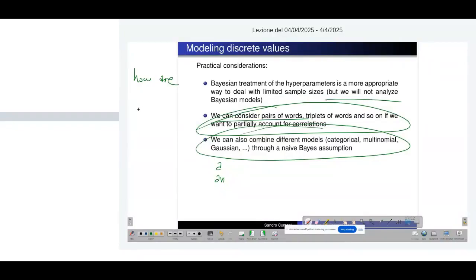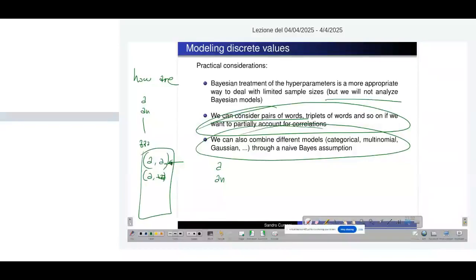So rather than having a dictionary where we have just the words of English, we have a dictionary where we have also the pairs of possible words of the language. So we consider all possible pairs, and we model the probability of the pairs. This takes into account the correlations.